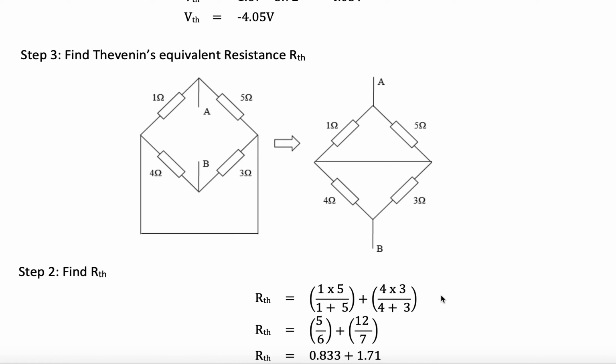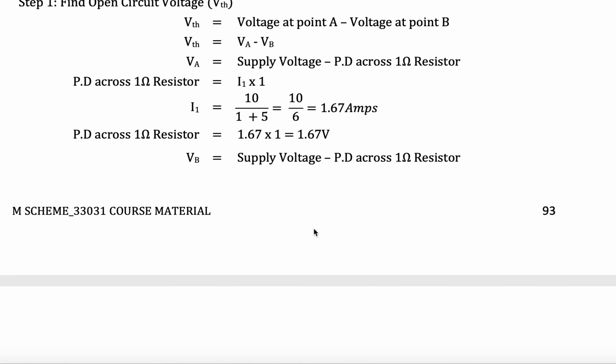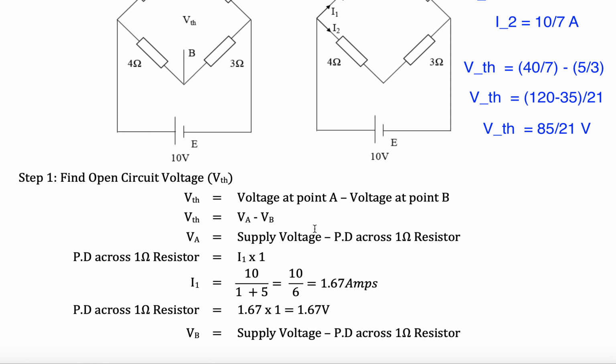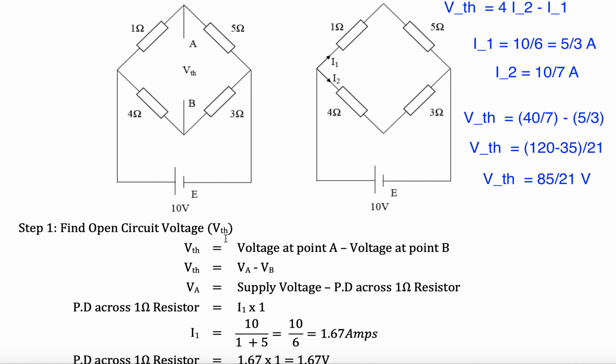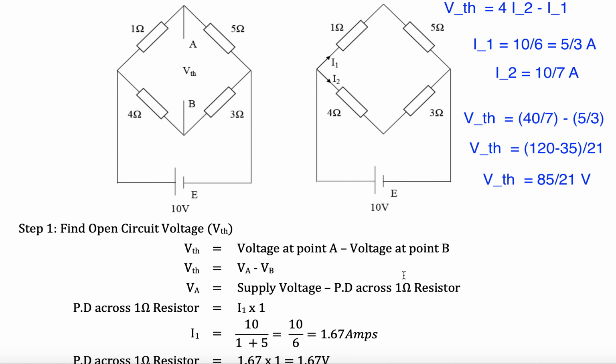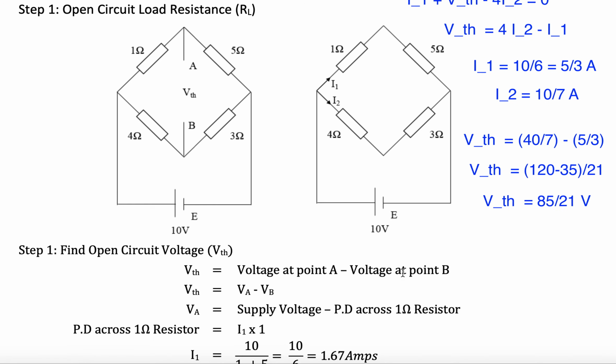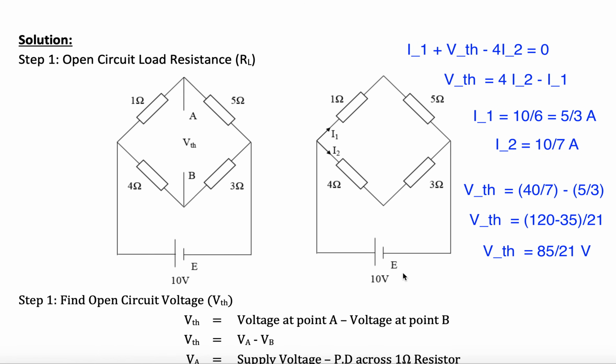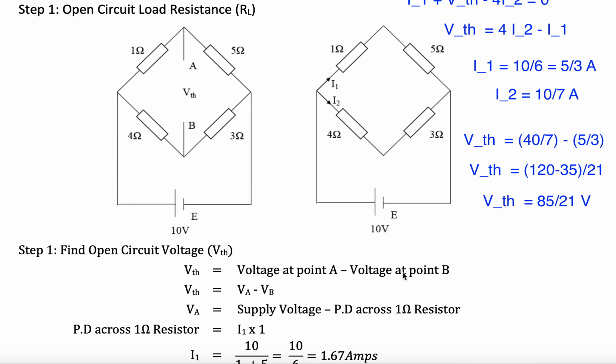Now find RTH. Let me verify VTH also, since we got it out. This procedure is correct: VA minus VB. VA is supply voltage minus PD across the 1 ohm resistor. Supply voltage is 10 volts. 10 volts minus PD across the 1 ohm resistor, which is I1 into 1. I1 is 5 by 3.